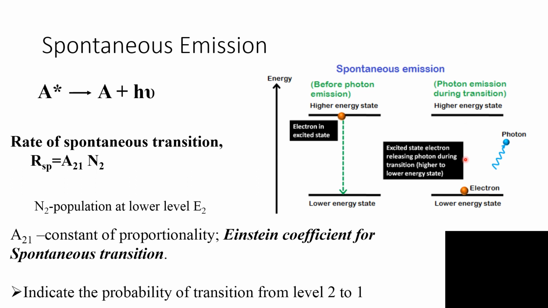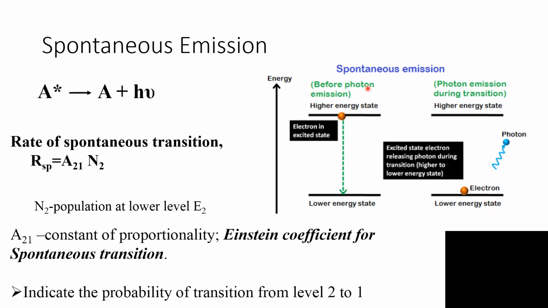When it comes back to the lower energy state, it emits the energy it absorbed in the form of a photon. In the previous slide we had absorption, where it absorbed the photon, and in this case it returns the photon by coming back to the lower energy state. So we get a photon with energy exactly equal to the difference of these two energy levels.